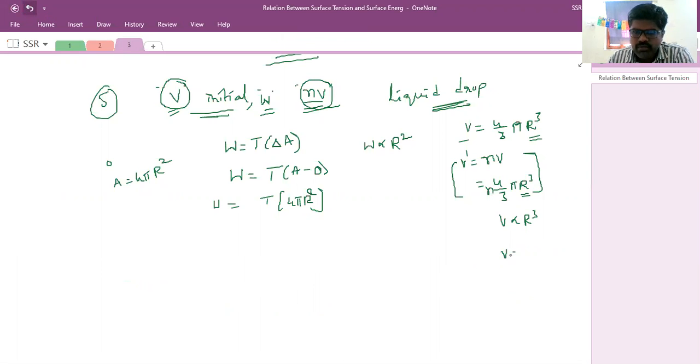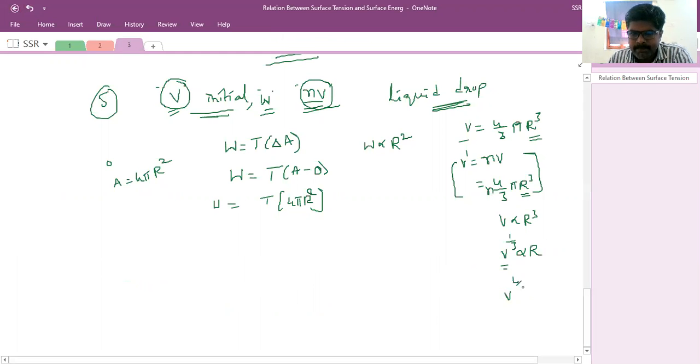V proportional to R cube means V power 1 by 3 is proportional to R. Then V power 2 by 3 is proportional to R square. I want W proportional to R square. That means W is proportional to V power 2 by 3, in terms of volume directly. Are you clear on this step? W proportional to V power 2 by 3.